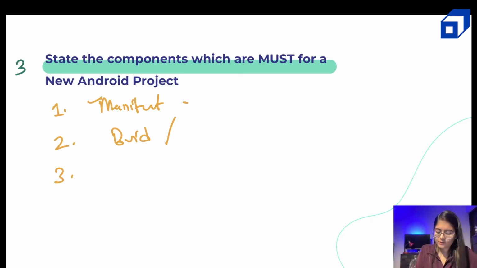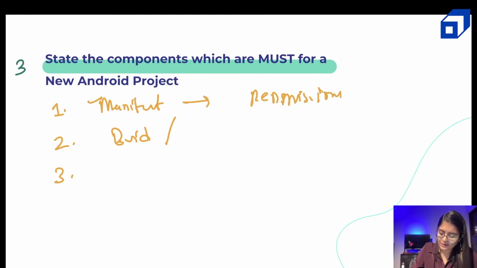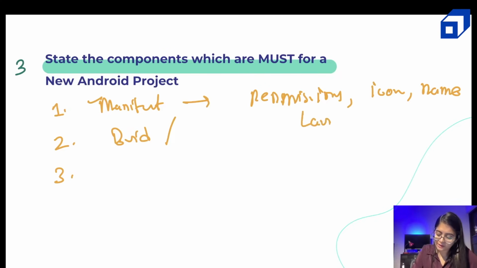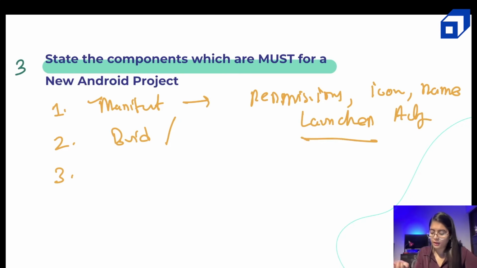The manifest file contains information like permissions, whatever user permissions are there in the app, you will mention all of these here. Then the icon or name of your application. Apart from that, which activity will be the launcher activity. Sometimes we have to change from the main activity to a splash activity as the launcher activity. You can check and modify those from the manifest file.